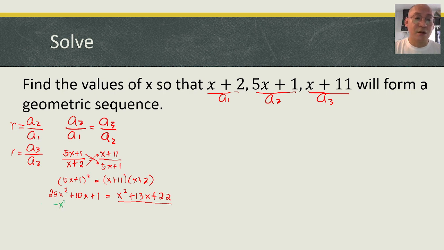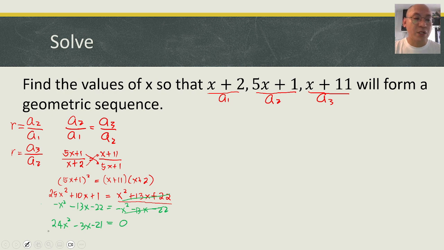So change the sign of positive x squared, that will become negative x squared, and negative 13x, and negative 22. Same on the other side, as we have the equality sign. So we subtract x squared, 13x, and 22, and in this case, this part will become 0. If we subtract these expressions, we have now 24x squared minus 3x minus 21.